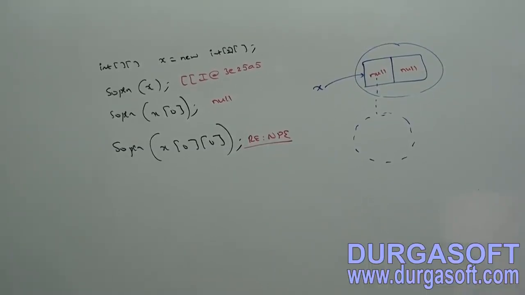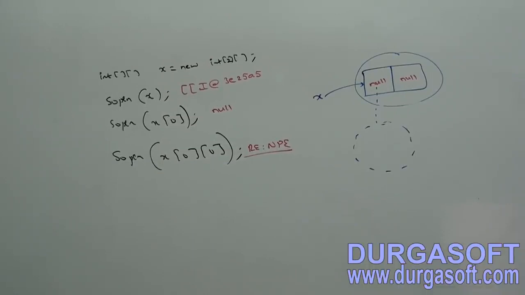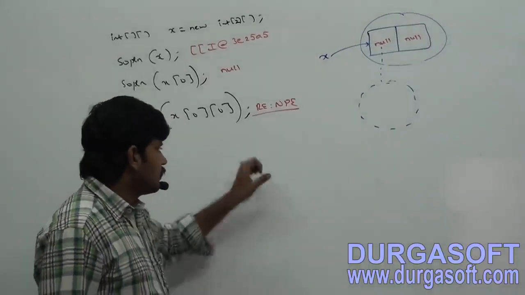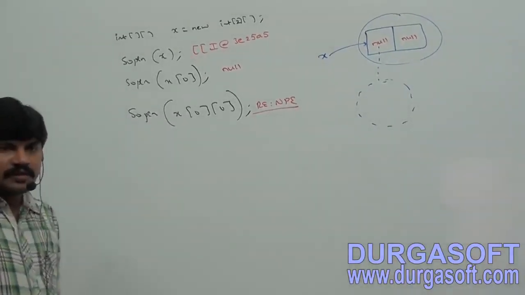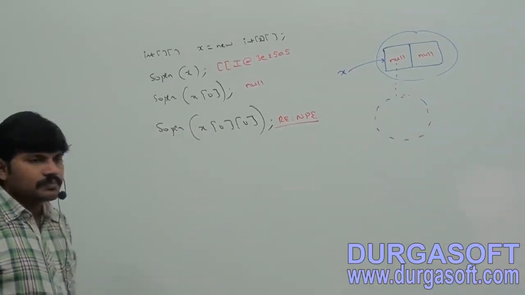SOP of x, SOP of x of 0, SOP of x of 0, 0. We will get runtime exception, null pointer exception. Clear, right?